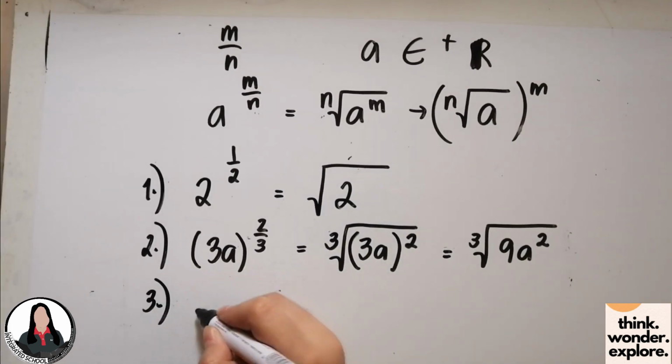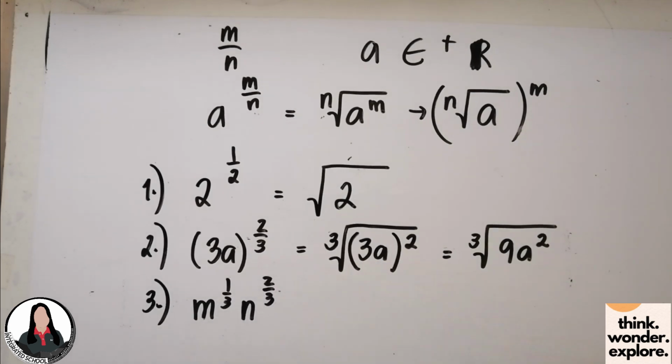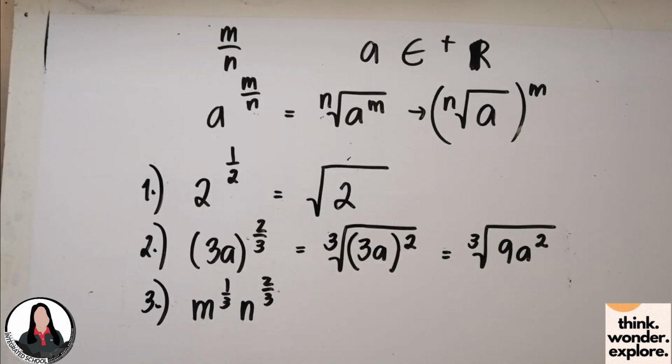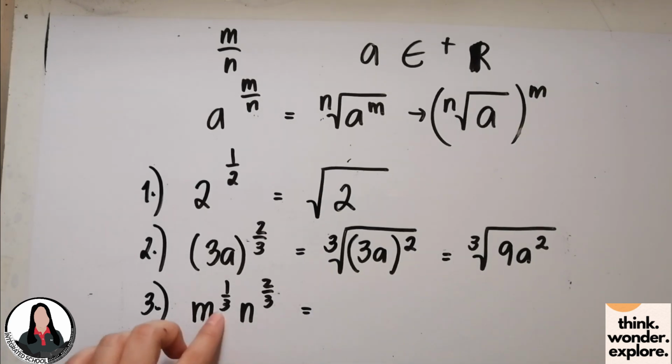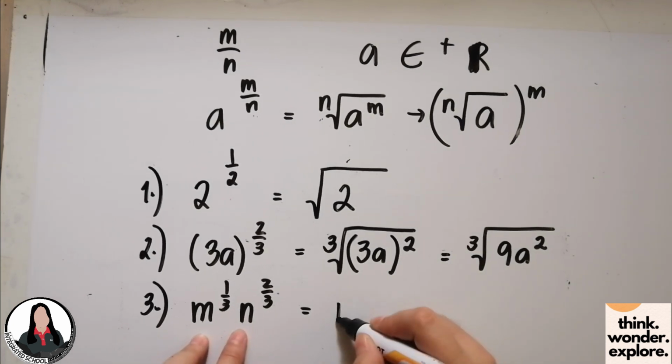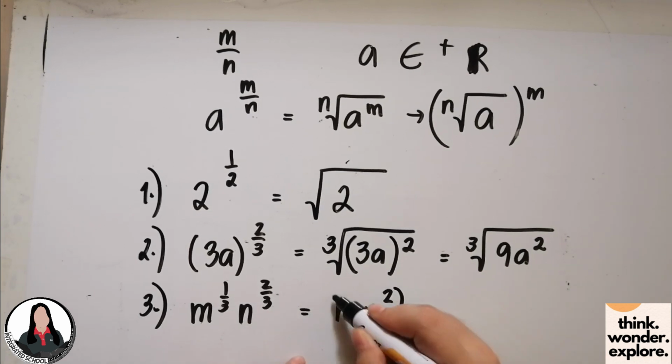Another example, we have m raised to 1/3, n raised to 2/3. So, kung anong mapapansin natin dyan? So, mapapansin natin na parehas yung ating denominator. So, para mas mabilis natin siyang mai-transform sa ating radical expression, i-factor out natin yung exponent na same sa parehas na factors. So, we can write this as m, exponent of 1, and n with exponent of 2, raised to 1/3.